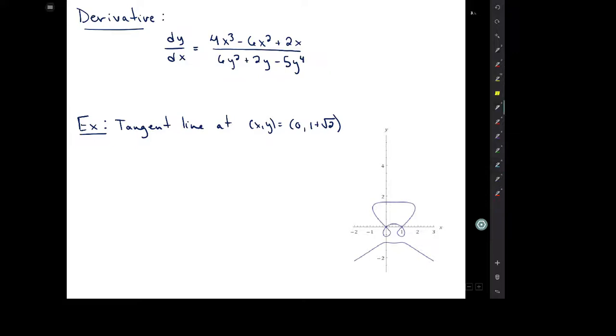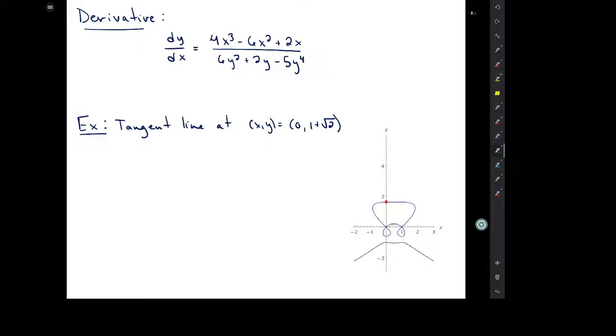So let's look at this curve again. Again, the picture is in the lower right-hand corner. And let's look at the point (0, 1 plus root 2). So that's about right here. And we're going to look at the tangent line at that point. So remember the derivative, which is dy/dx, which is this equation.